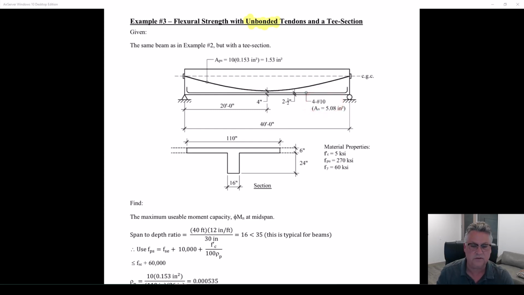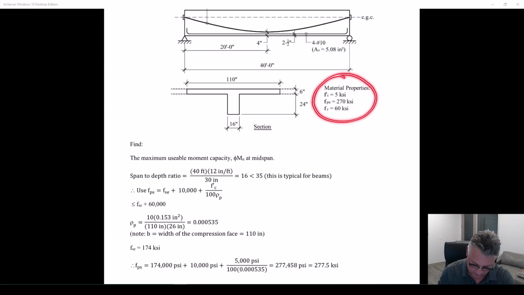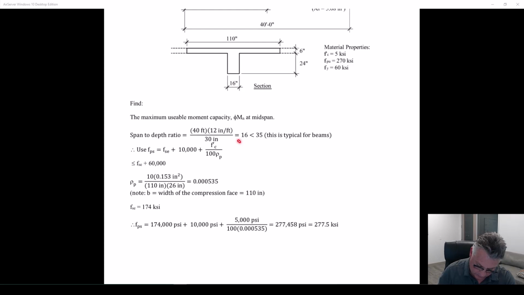Now we just have a different section. Same material properties we had before. But there are a few points I want to make here. Calculate again the maximum usable moment capacity at midspan. Span to depth ratio, shockingly, with that same 40 feet is exactly the same as we had before. Just want to be thorough.